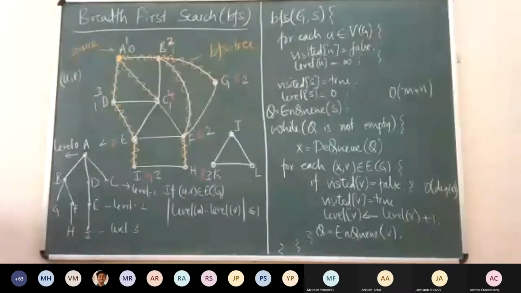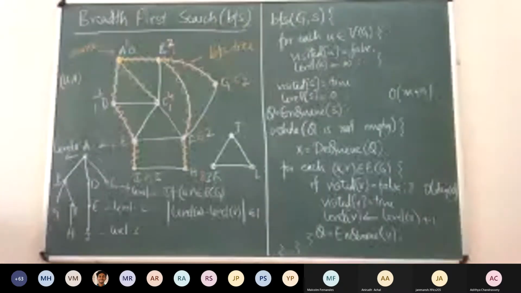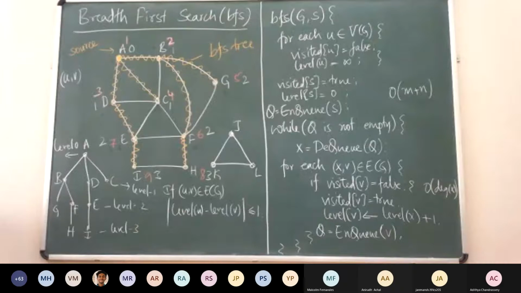What you guys said is that if there is an edge in the graph, the difference between the levels of the vertices that are endpoints of that edge is at most 1. Why is this true? Because if it can't, it will be visited before, and you'll get a contradiction.